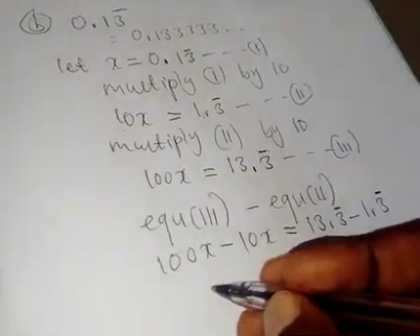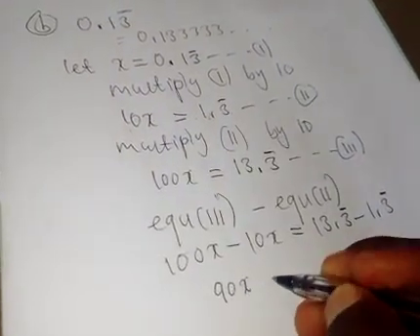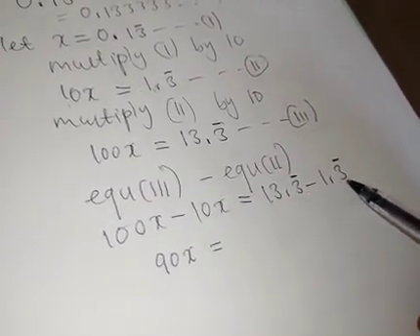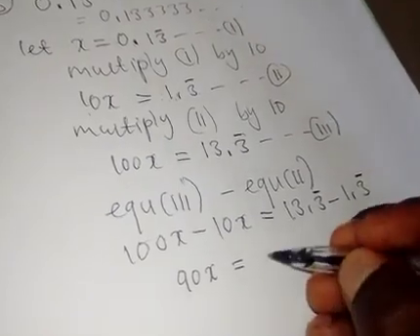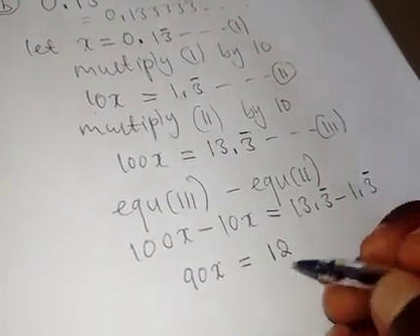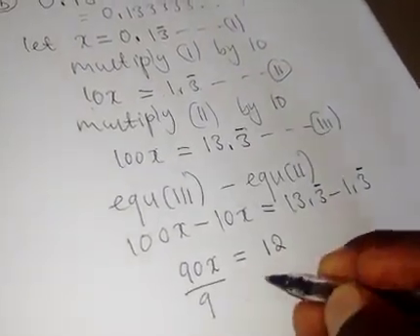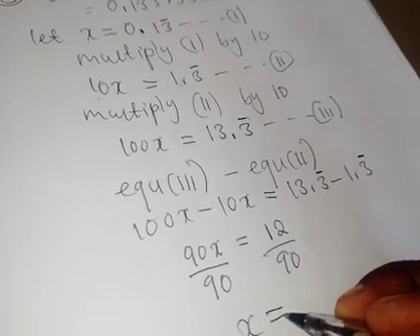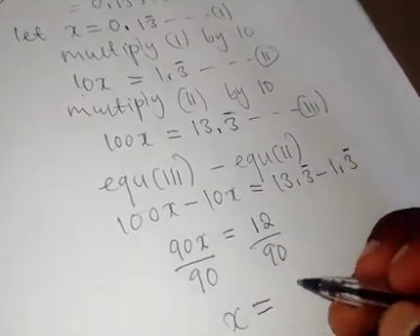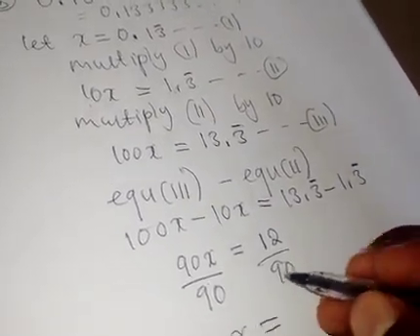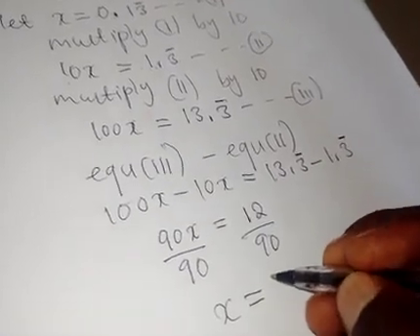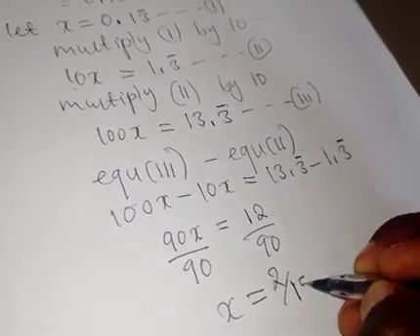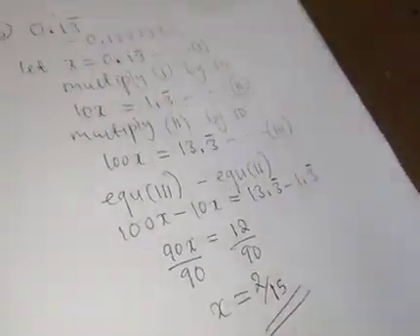So this will be 90x being equal to 13.3 minus 1.3, to give us 12. So divide by 90 over 90. Therefore, x will be equal to 12 over 90, and simplifying this, we end up with 2 over 15. So that's it.